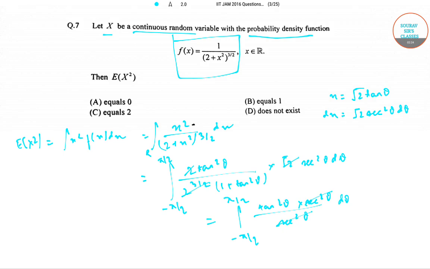Again this sec squared theta cancels out, so we're left with the integral from minus pi by 2 to pi by 2 of tan squared theta d theta.